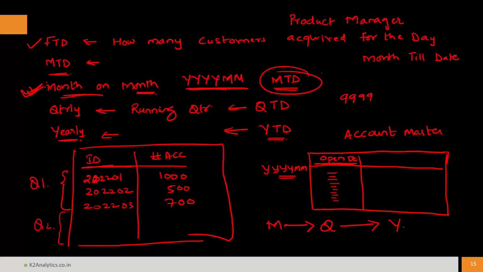Okay, so hierarchy comes into play. If you understand the hierarchy concept, then by knowing the lowest granularity in the hierarchy, you can aggregate data and get any level of aggregated information.